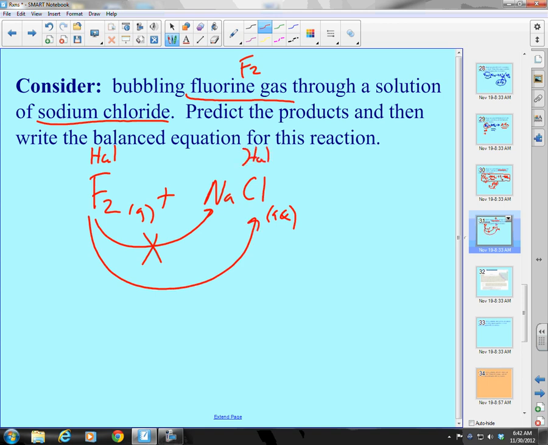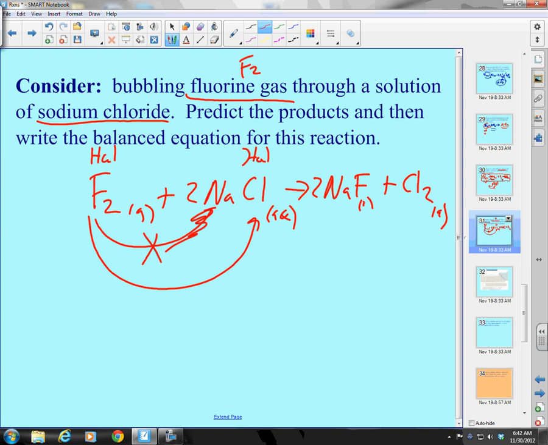So my fluorine is going to replace my chlorine. And what am I going to form? Sodium fluoride plus chlorine gas. Okay. And let's see. We need to balance this 2, 2. Got it? Okay.